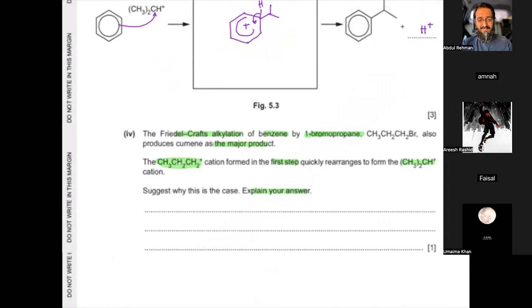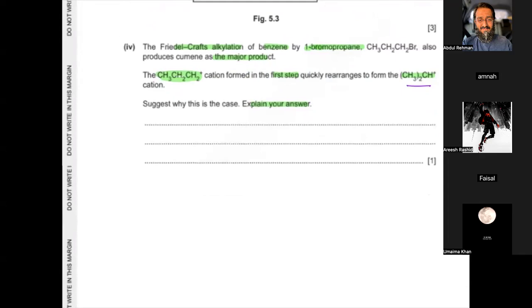So see, this part actually belongs to AS, because in AS we have studied that the secondary and tertiary carbocations are more stable compared to the primary one. So this one rearranges itself into this one, because this is the secondary carbocation, and the secondary carbocation is more stable due to more alkyl groups having more electron donating effect. So its positive charge is more stabilized.